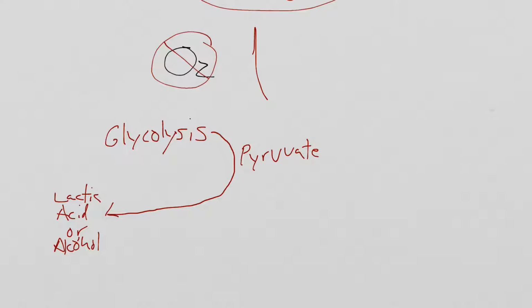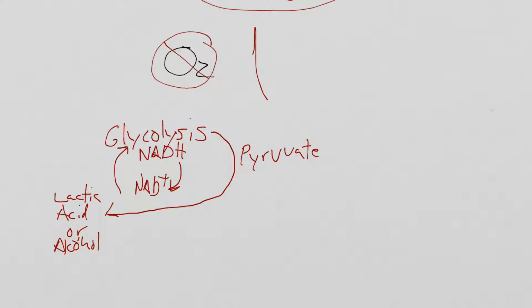Now, what is going to happen as you're changing that into lactic acid or alcohol is that the NADHs that you made are going to get recycled into their starting material, NAD+, and then it can go back into glycolysis and keep on breaking apart stuff.